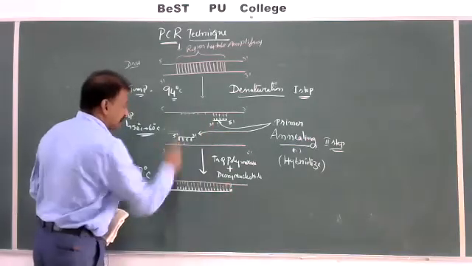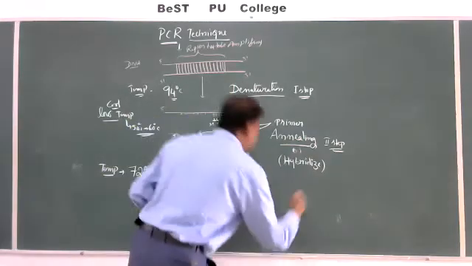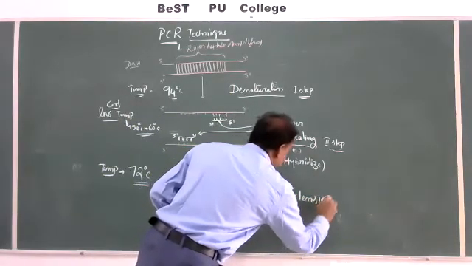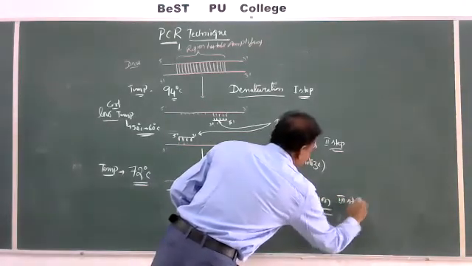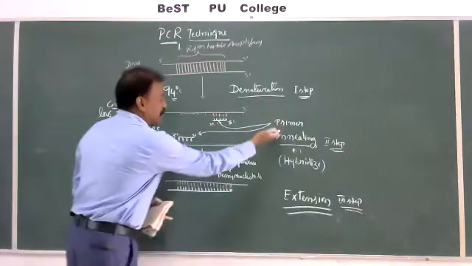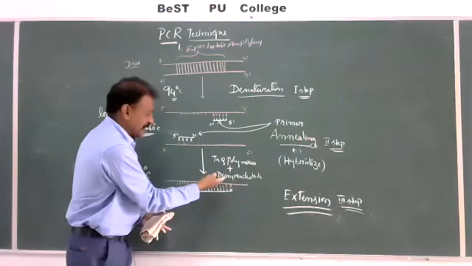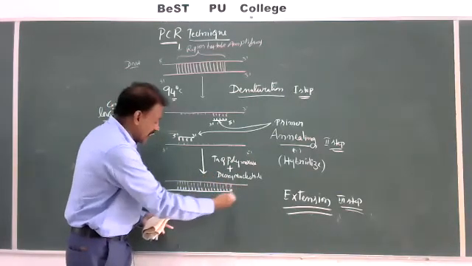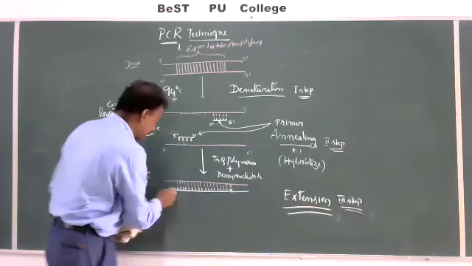So extension, third step is called extension. Extension indicates the polymerization process, the primers in the presence of Taq polymerase enzyme with the help of substrates deoxyribonucleotide triphosphates, they go on synthesizing a new strand.